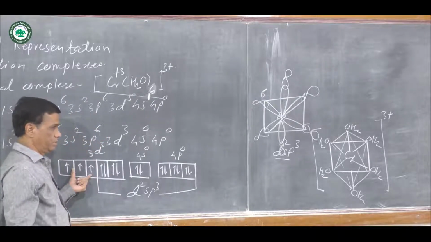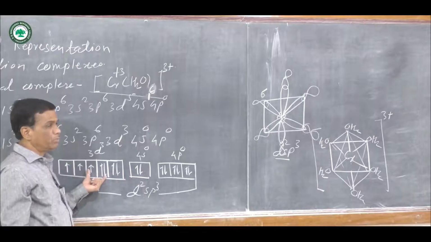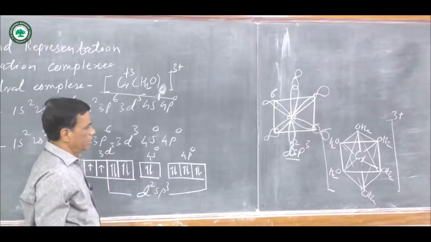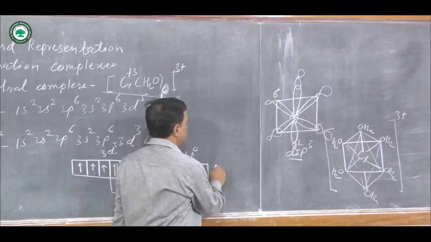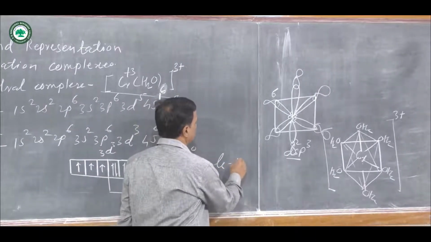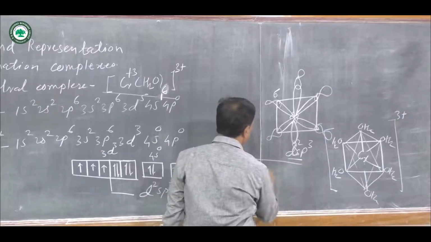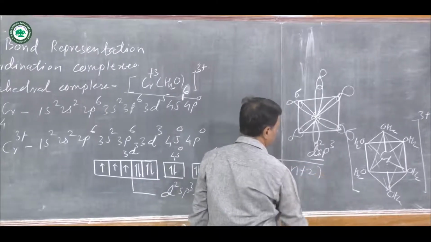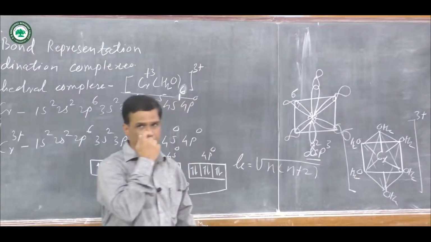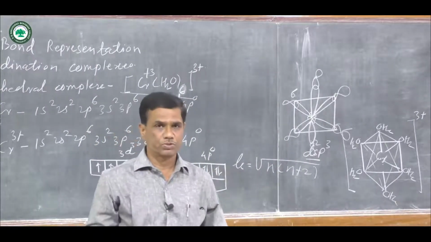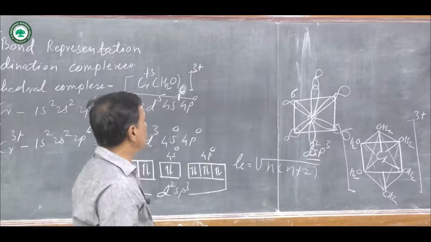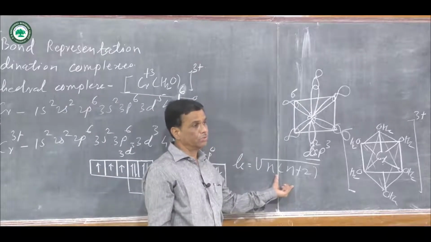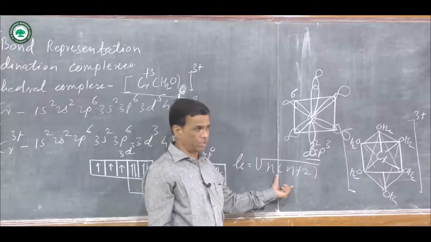Then the magnetic moment is determined by the relation mu effective equals the square root of n(n+2), where n is the number of unpaired electrons.